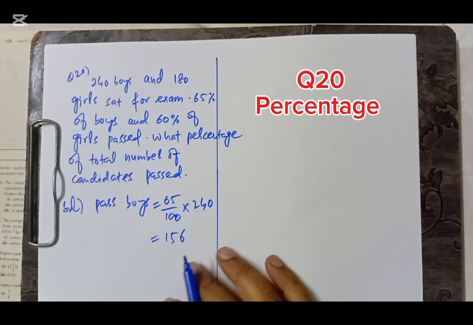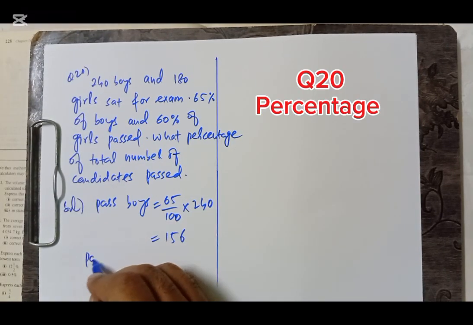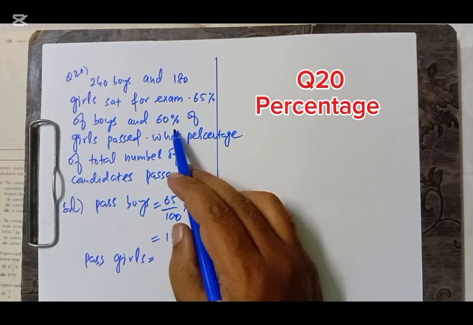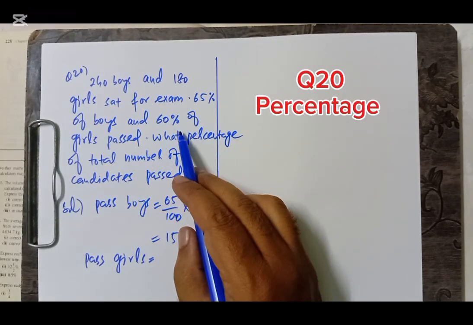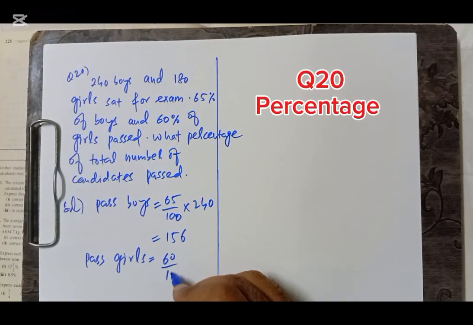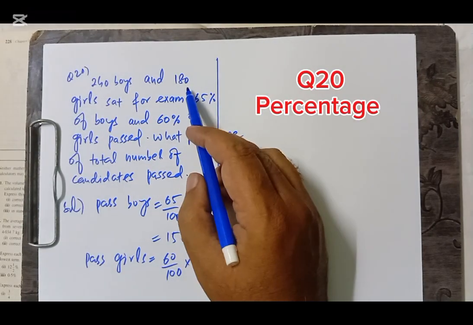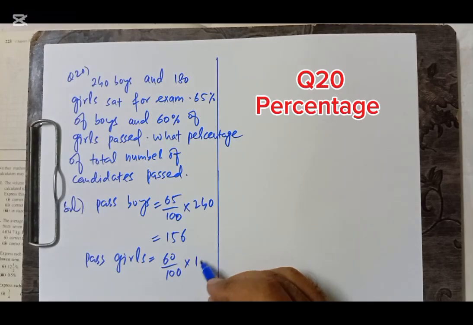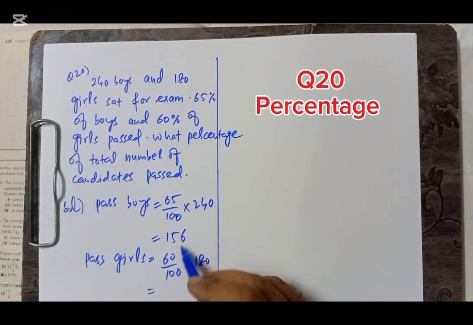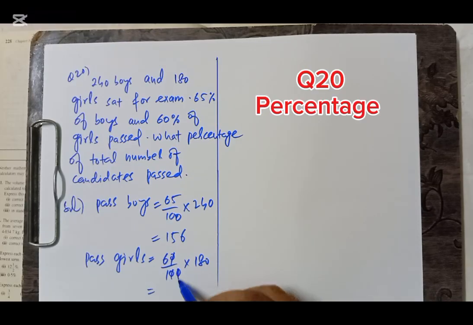So 156 boys have passed, and passed girls, they are 60% of total girls. So 60 upon 100 multiplied by total number of girls, that is 180. That is 108.